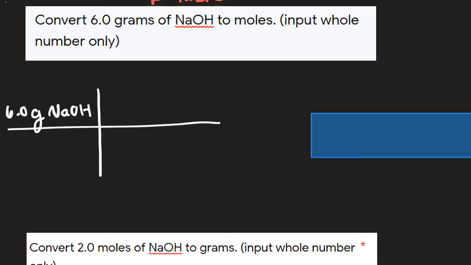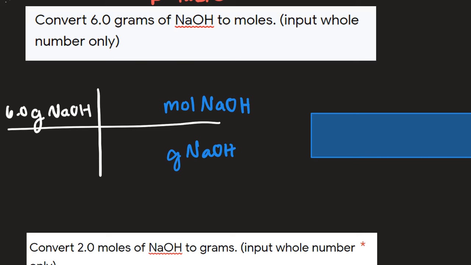We start with the bottom: we're going to match the units on the bottom with the ones over here. So just copy this down here. Grams of NaOH. We're going to convert it to moles of NaOH.